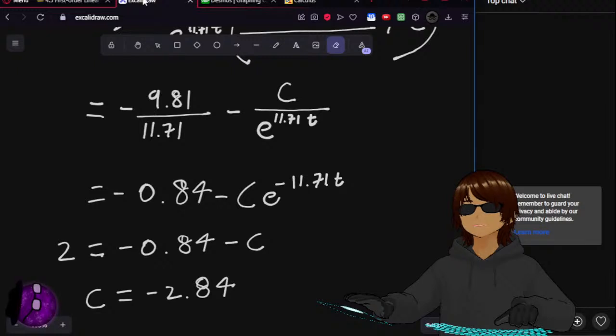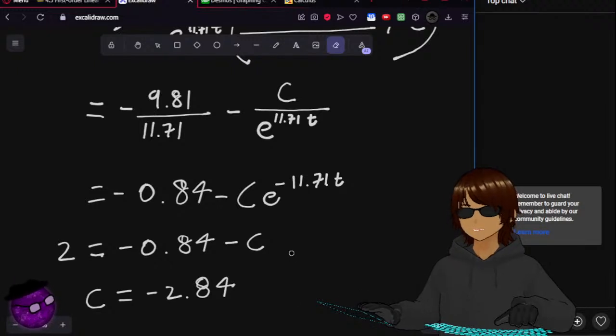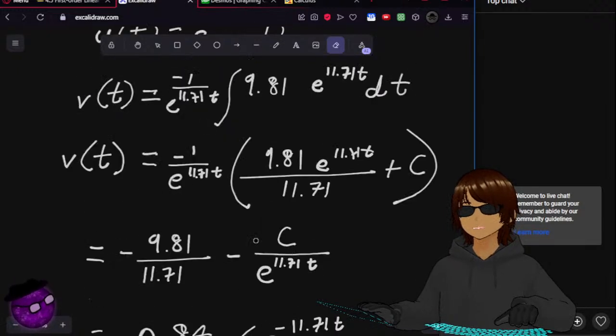But how would we know whether the constant is positive or negative? Because I wrote plus c here.